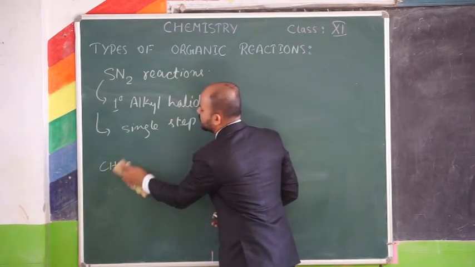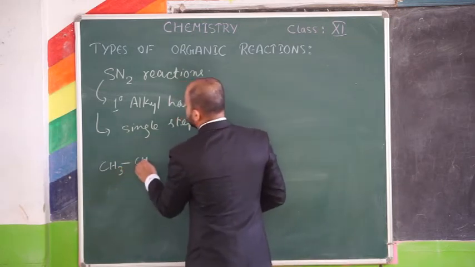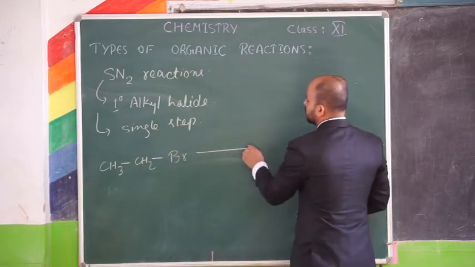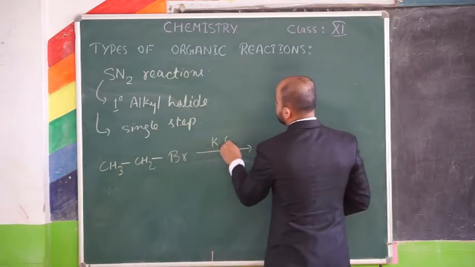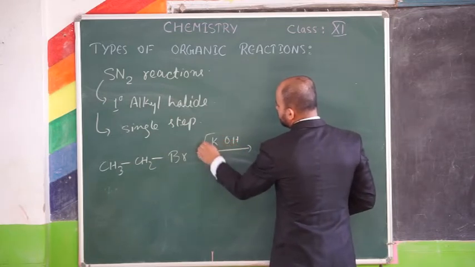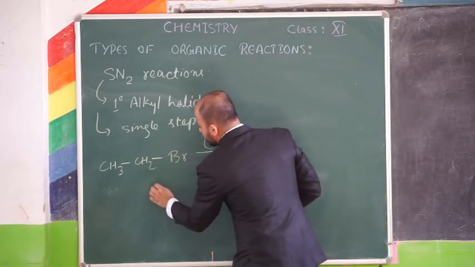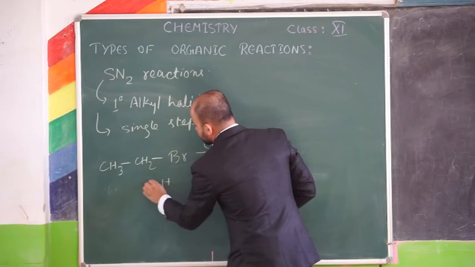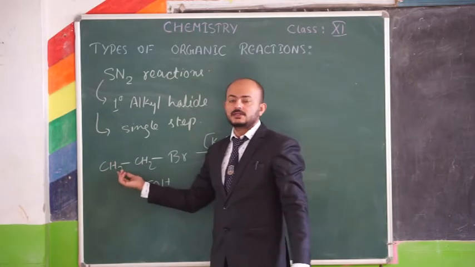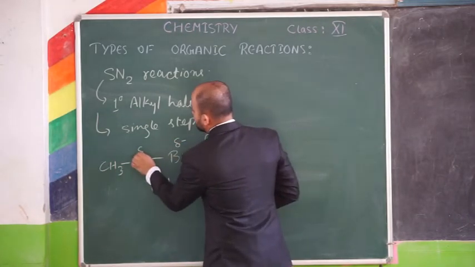So for that you have to take CH3CH2Br. Now, in presence of KOH, what will happen is, let me write this KOH here, and you have OH minus, the same OH minus I'm writing here so that I can show you how it gets attached to this carbon center. This is delta negative, this is delta positive.